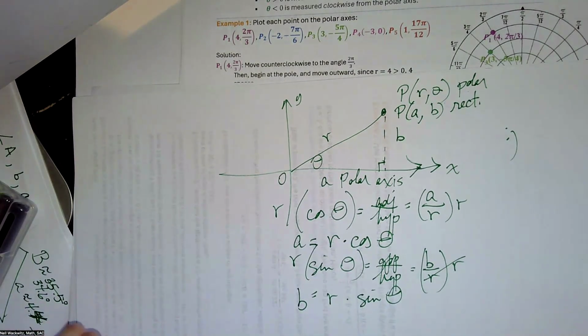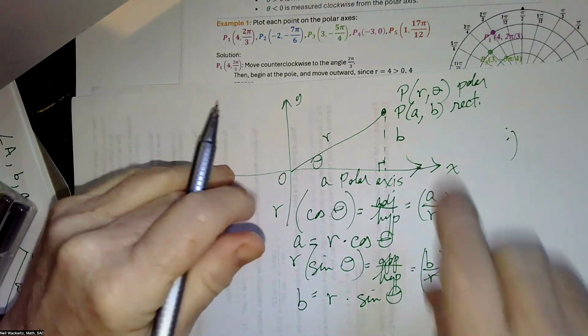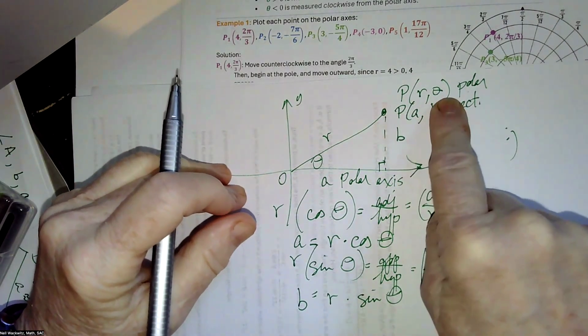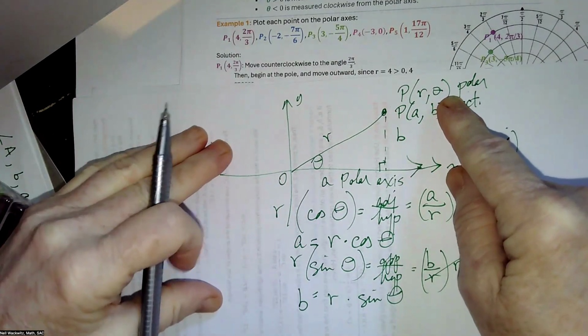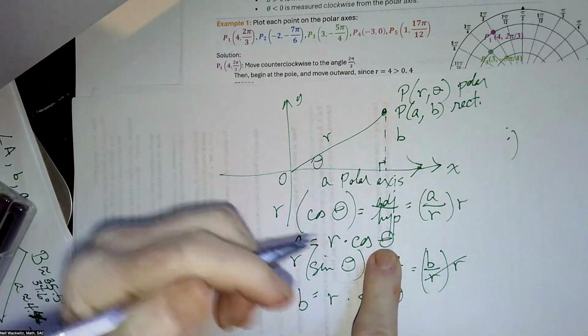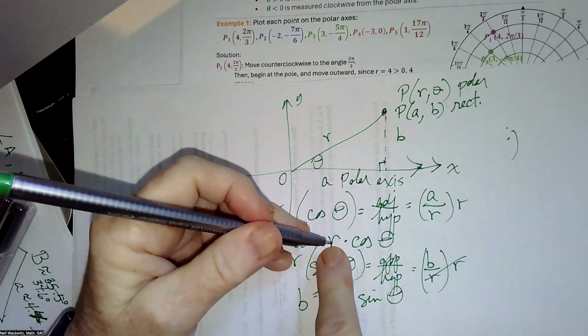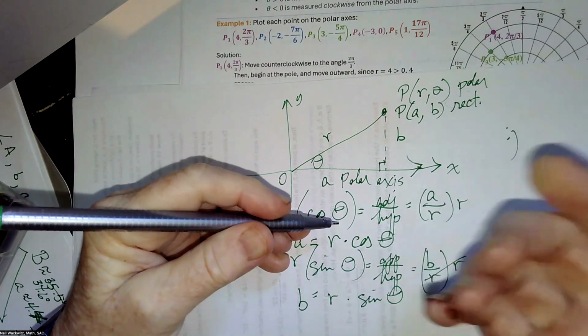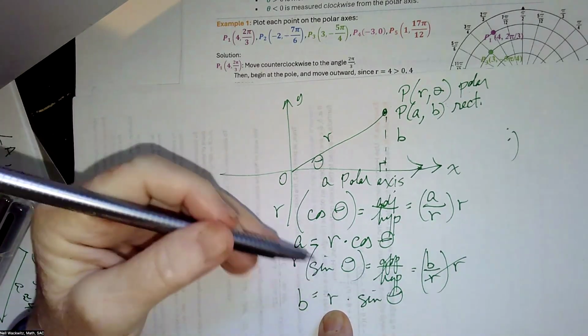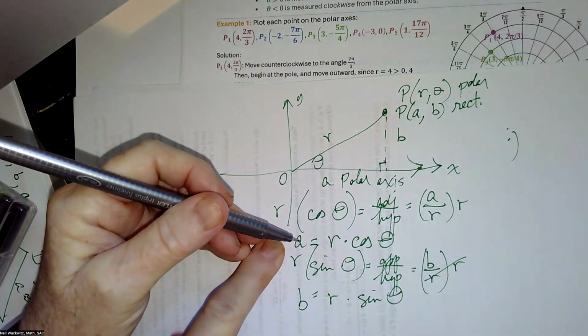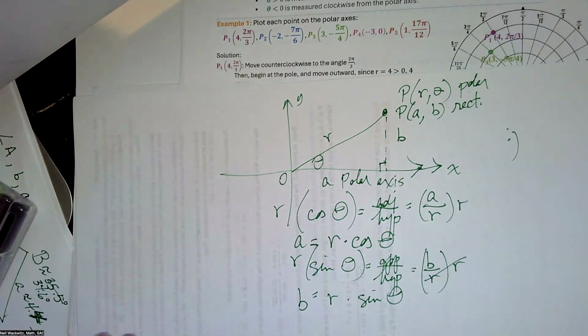So if you start with polar coordinates, you can move to rectangular coordinates by finding the cosine of the angle and multiplying by r, and then finding the sine of theta and multiplying by r, and that'll give you the x and then the y coordinate.